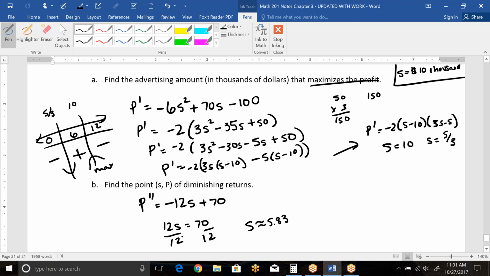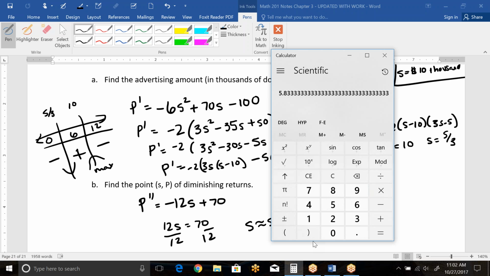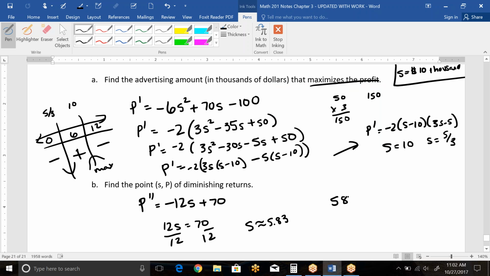And then we would remember that this is thousands. So this would be 5.83 times 1,000, so that is 5,833.33. Now that is the advertising.